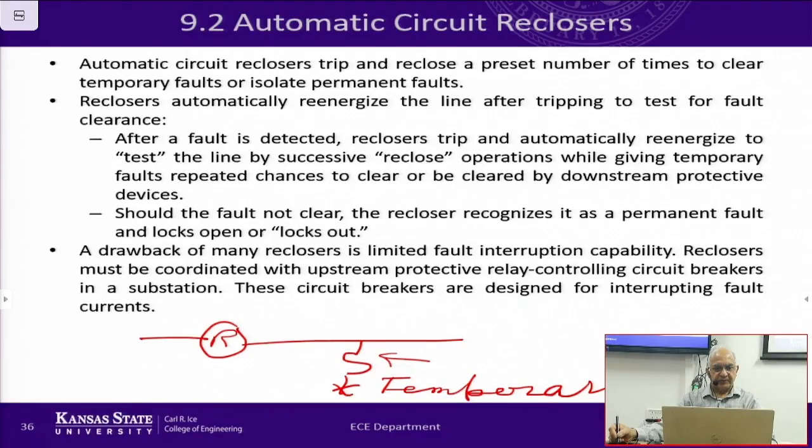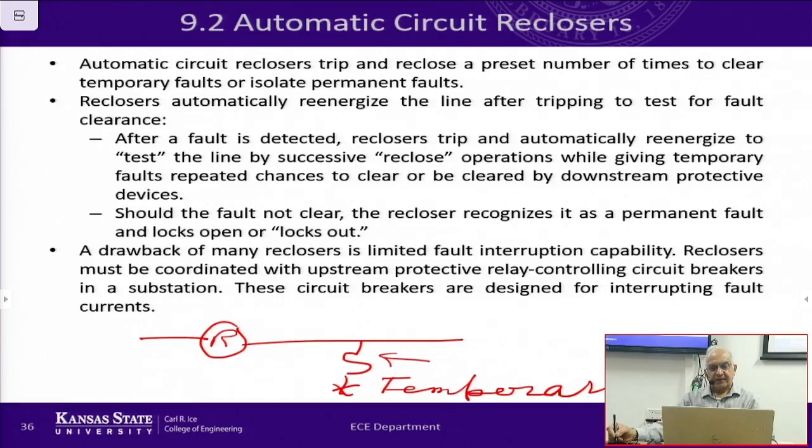So the recloser will open when the fault takes place, and then it will close and open again. And if the fault is temporary, the system returns to normal. But if the fault is permanent, then in that case it will allow the fuse to open to isolate this faulted part of the system.